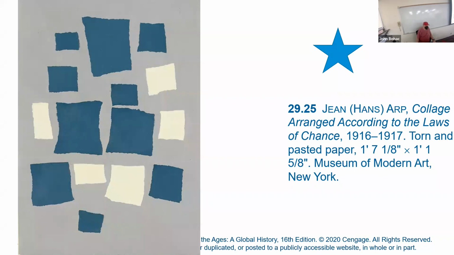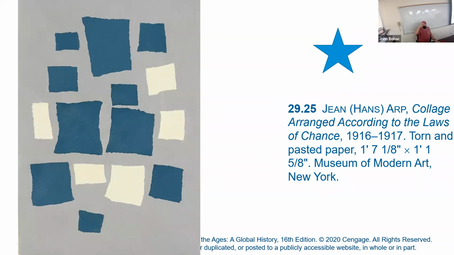Well, he was German. And Germany was one of the instigators of the First World War. And so he changed his name to the French version of Hans, which is Jean. Hans Arp. So he changed his name.